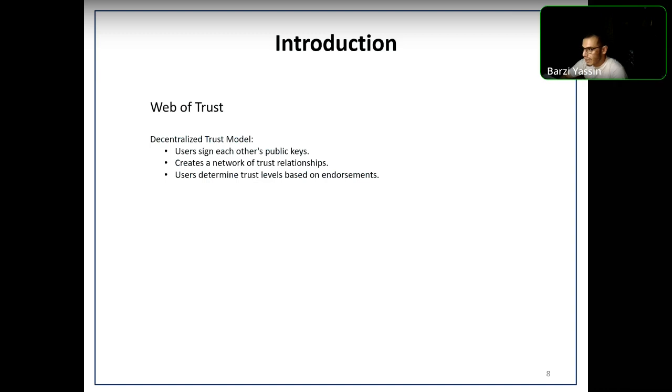Trust levels vary, and users decide whom to trust based on their criteria and the number of endorsements by the keys they have received. This model provides flexibility and user autonomy in establishing trusted communications.